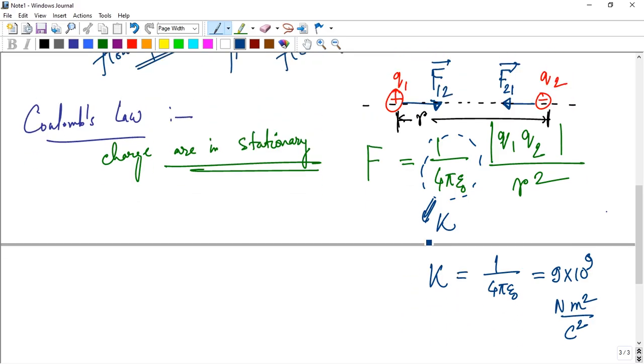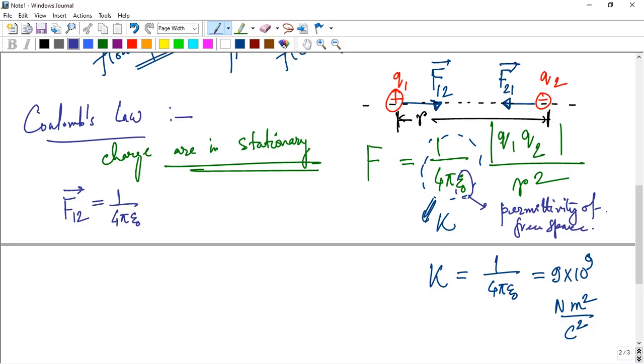If there is a force, obviously there is a vector term, since force is a vector. So this force F12 is 1 over 4 pi epsilon naught, where epsilon naught is the permittivity of free space, times q1 q2 magnitude only.